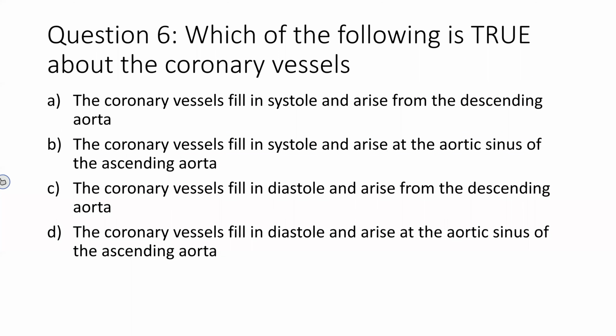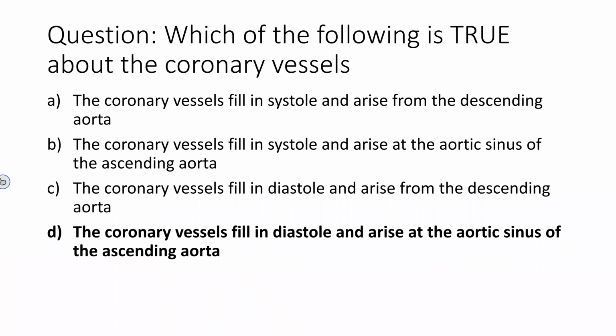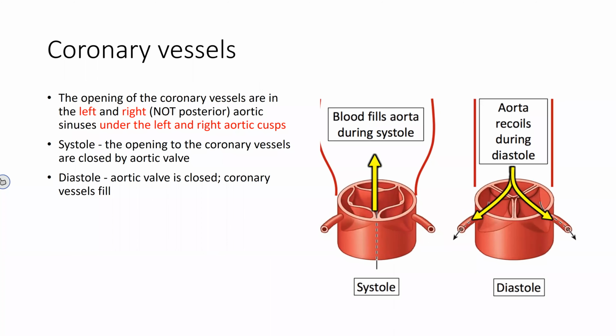Question 6. Which of the following is true about the coronary vessels? The coronary vessels fill in diastole, and they arise at the aortic sinuses of the ascending aorta.